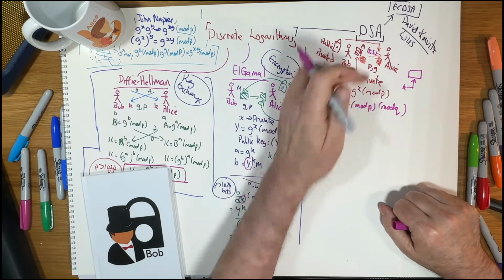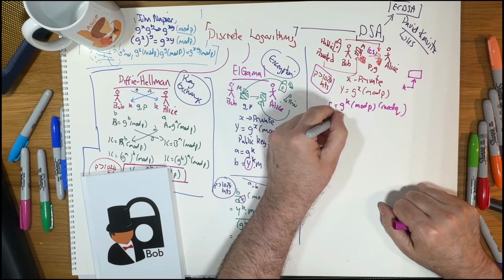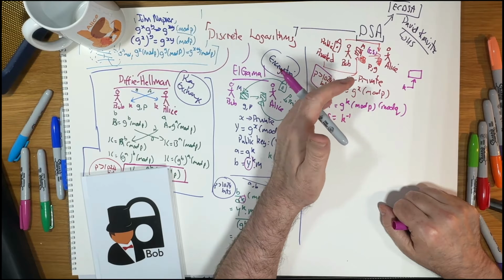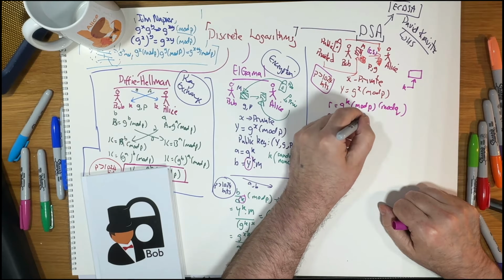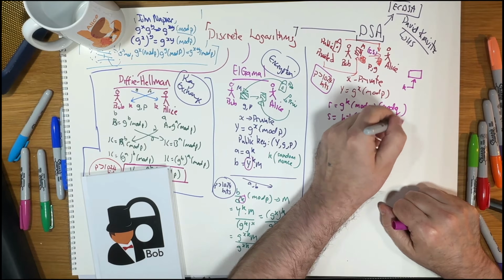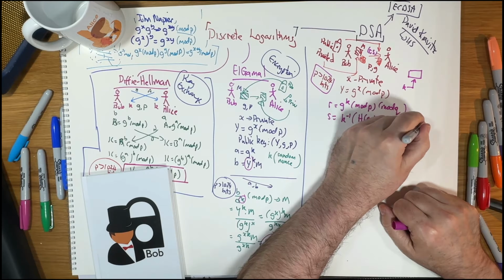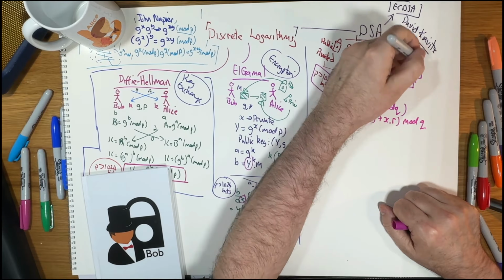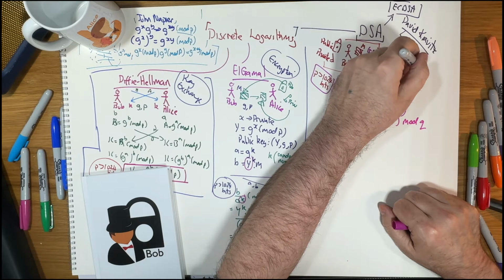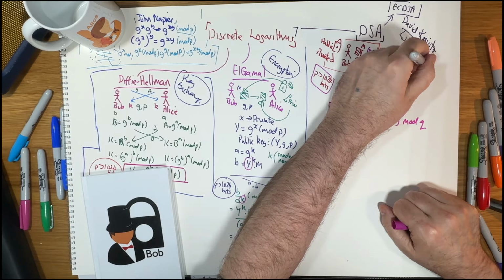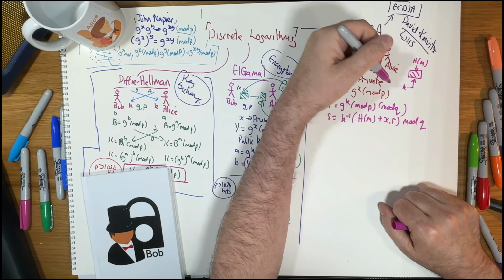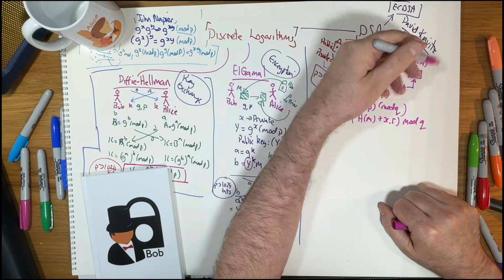We then calculate the value of S, and S is equal to the inverse of K mod Q, times the hash of the message plus XR, and we take that mod Q. So we take the hash of the message into our signature, and also we bring in our private key.